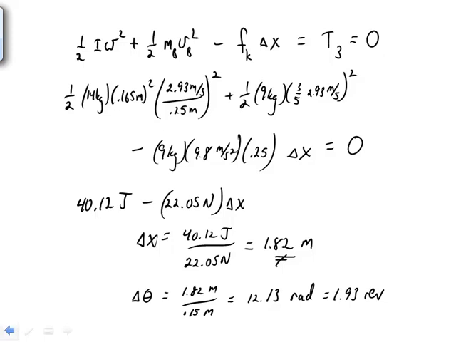And that's just for slowing down. That doesn't include the speeding up process. We would have to take 0.9 meters, which is how far that block A fell, divide that by 0.25 meters, and that would be 3.6 radians. We add that to this for the total amount of delta theta that the wheel would have gone through.